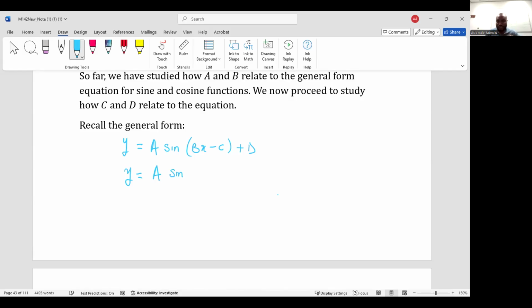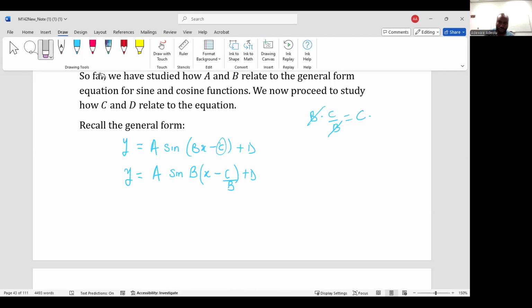I want to pull out that B. If I pull out B, I will be left with x here. However, I need to be careful. If I put C here now, there is a problem because if I multiply this back, it will be BC, and here is not BC. So I need to divide here by B, so that when I multiply, B times C over B, I will have just C, as it should be.